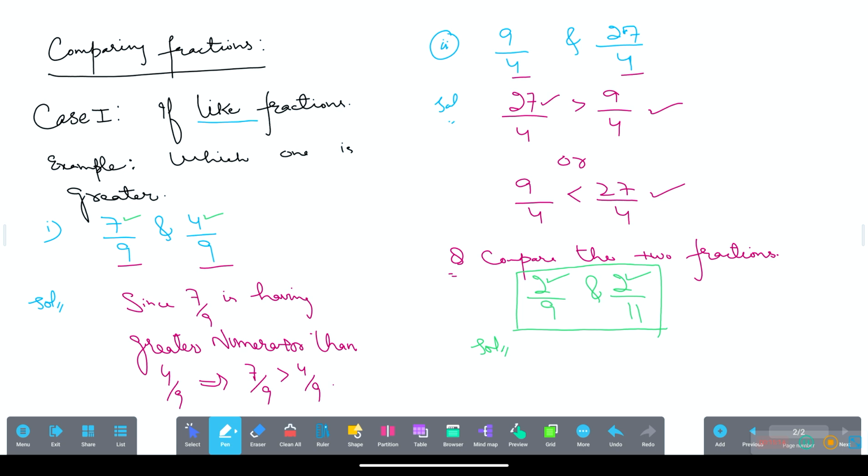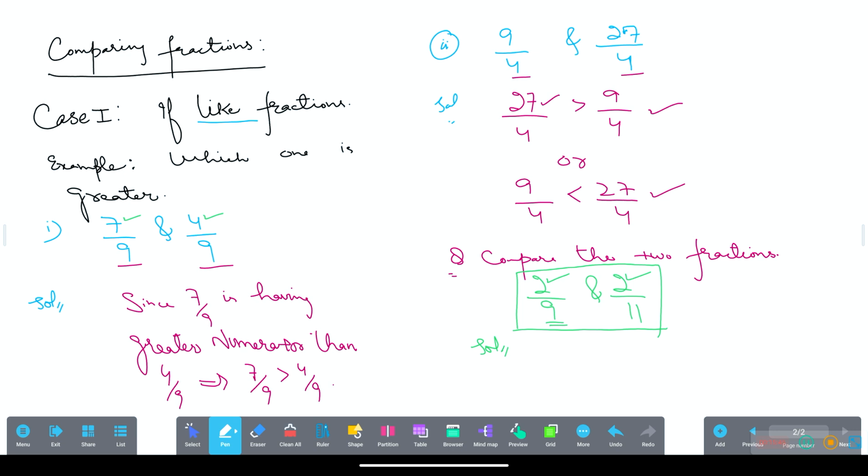But just the opposite happens when the numerator is the same and the denominator is different. A fraction with a smaller denominator is greater than the fraction with a greater denominator. When you have to compare two fractions having the same numerator but different denominators, keep in mind that the fraction whose denominator is smaller will be greater.